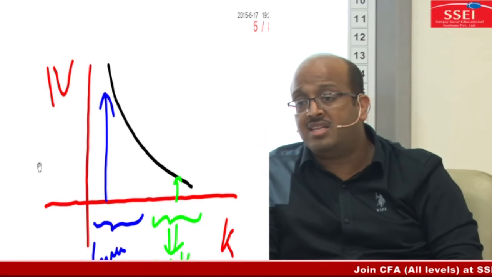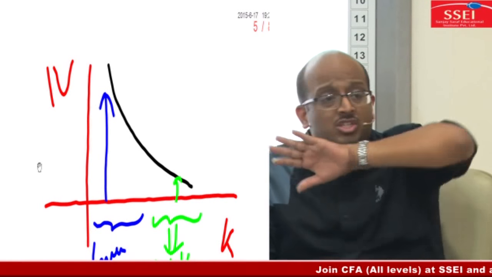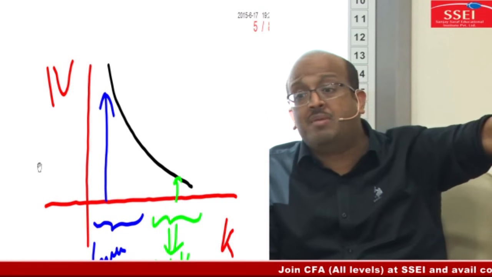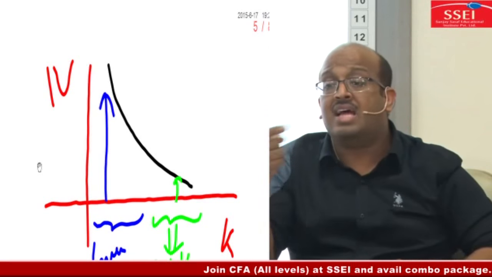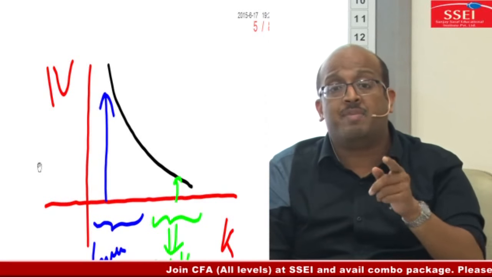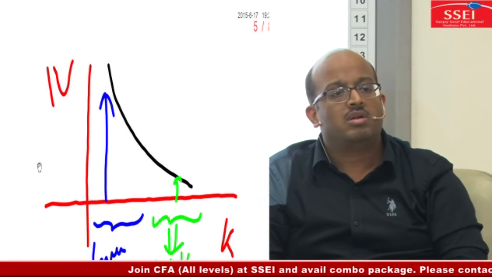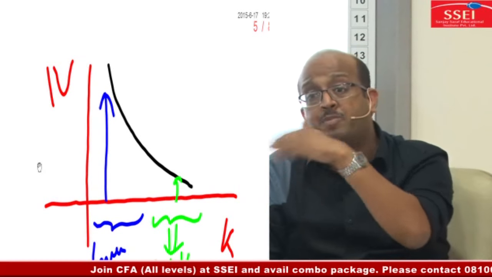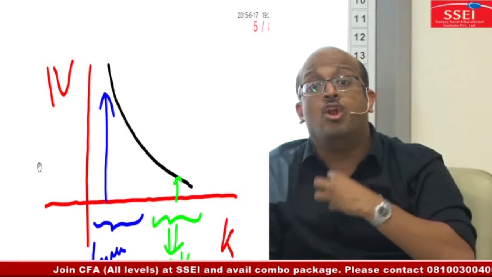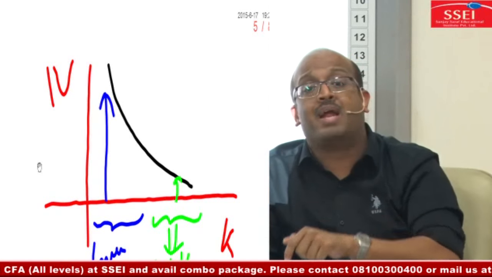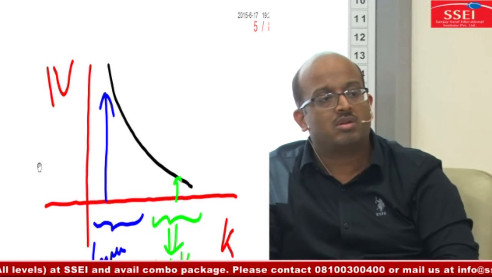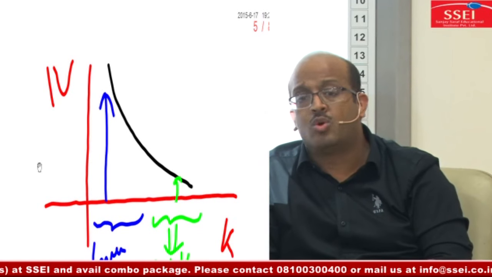If you didn't understand that, this means that the probability of the stock price falling to extreme levels is higher in the real world, in the minds of people, as compared to the probability implied by the log normal distribution. And the probability of the stock price rising to extreme levels is lower in the minds of people in the real world as compared to the probability implied by the log normal distribution. Is it okay with us?